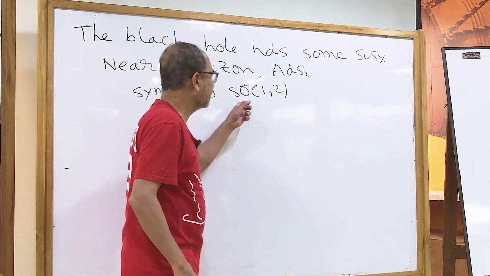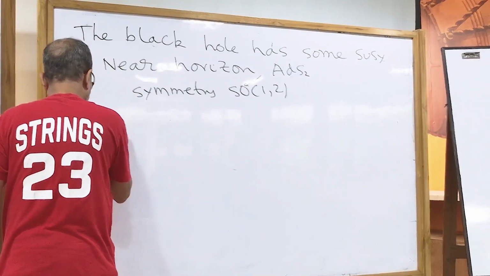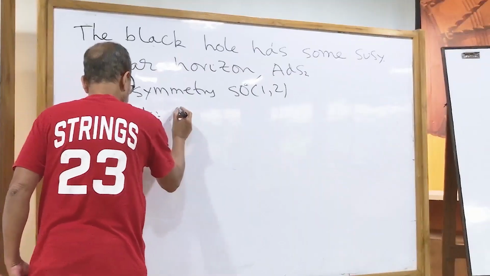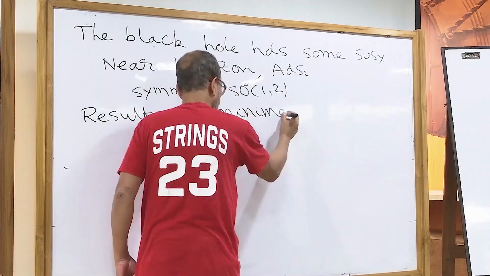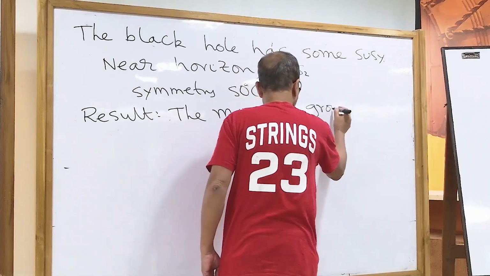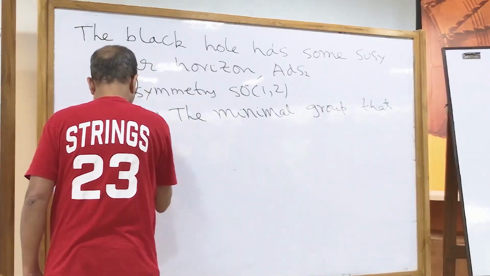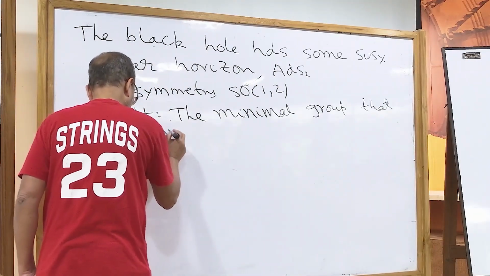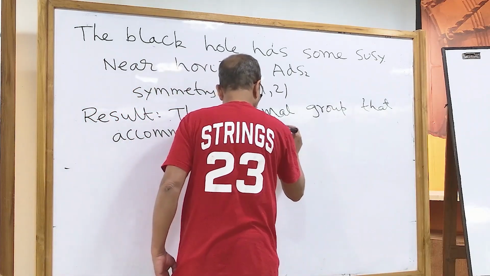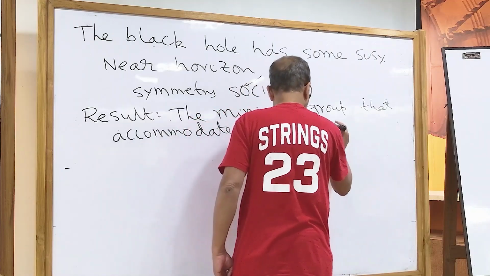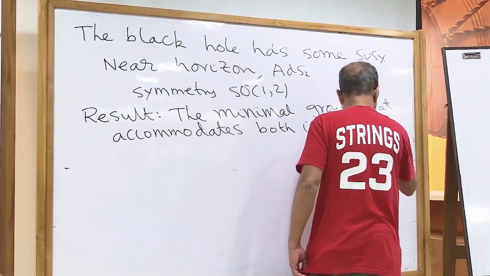It turns out that the minimum algebra, or minimum group, is a group called PSU(1,1|2).